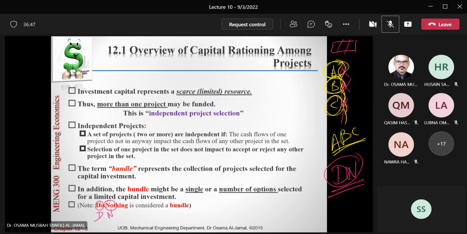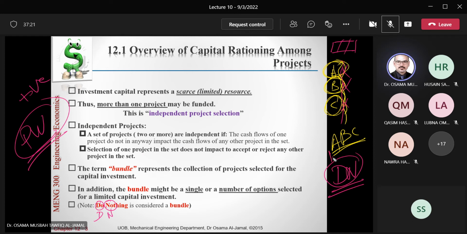In addition, the bundle might be a single option or a number of options. We can select only A, or only B, or only C, or A and B, or A and C, or A, B and C, or B and C, whatever projects fit our budget and give the highest positive present worth.